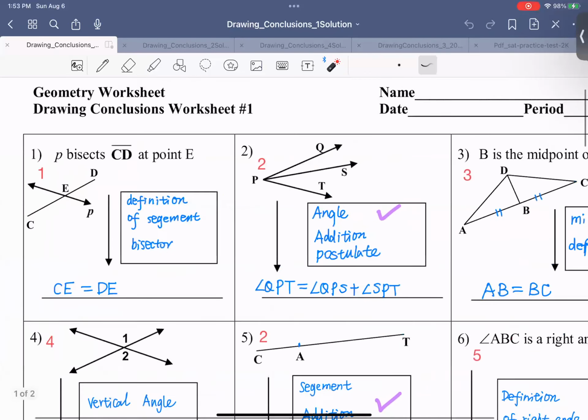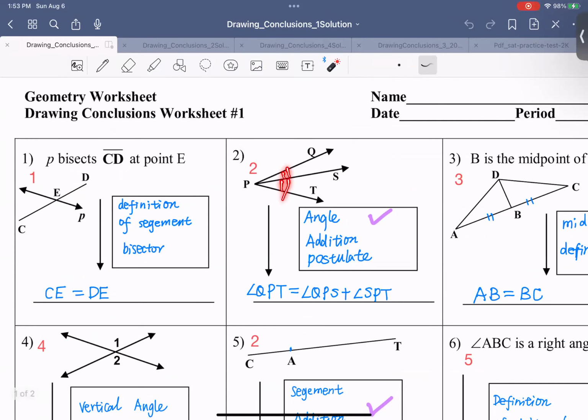Here, I didn't mark these two as equal. So what you want to write down is that angle QPT equals angle QPS plus angle SPT. You cannot write this directly.